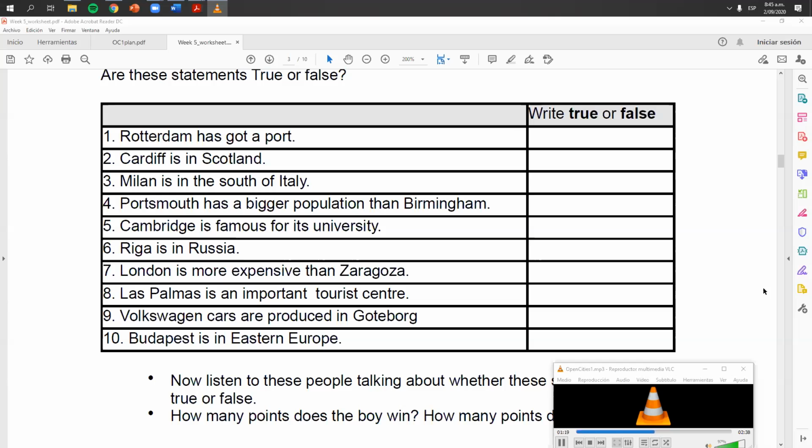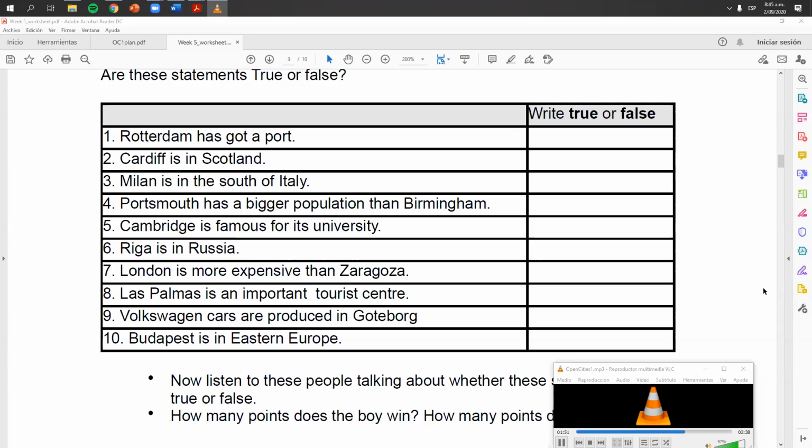Now, is Riga in Russia? I don't think it is. Neither do I. I think it's in Estonia. Well, it's in Latvia. Okay. Is London more expensive than Zaragoza? Yes. I haven't been to Zaragoza, but I've been to London. And believe me, it's a very expensive city. So yes, I agree. Correct.